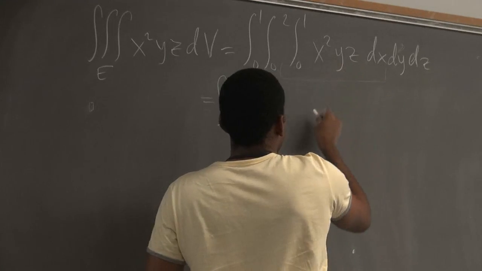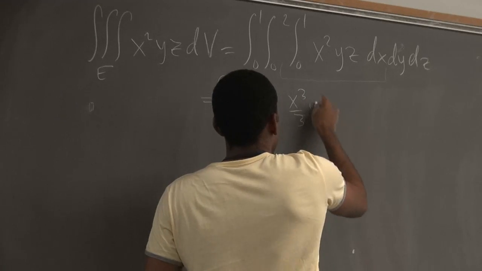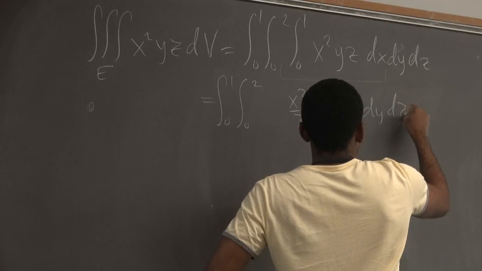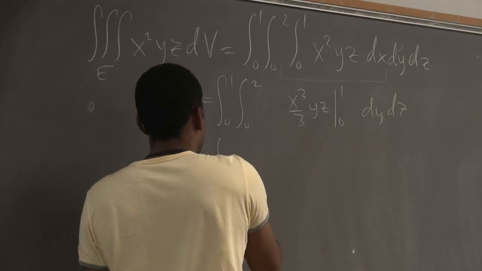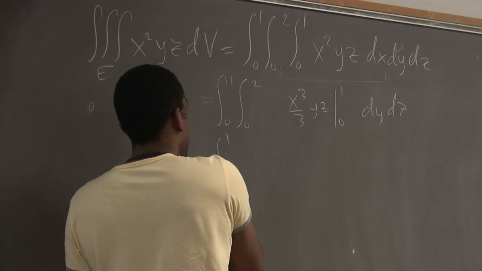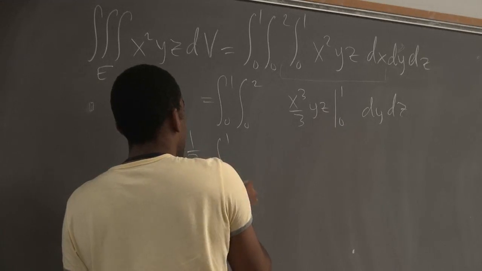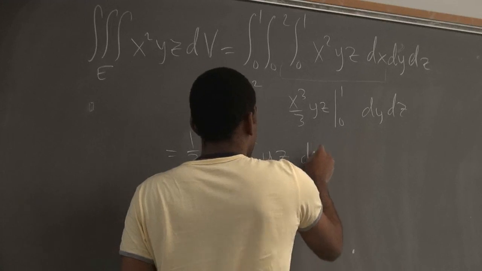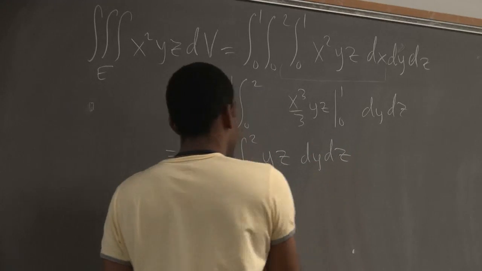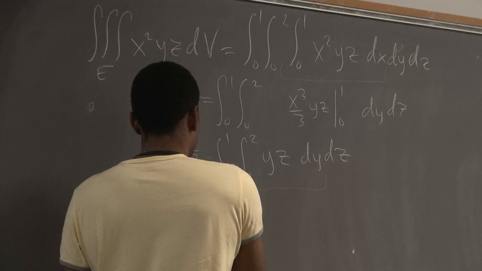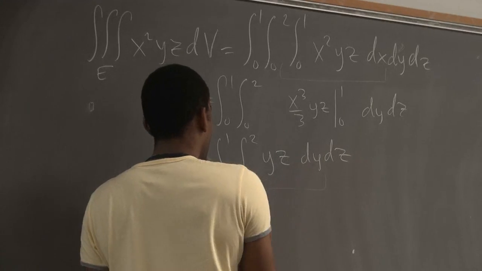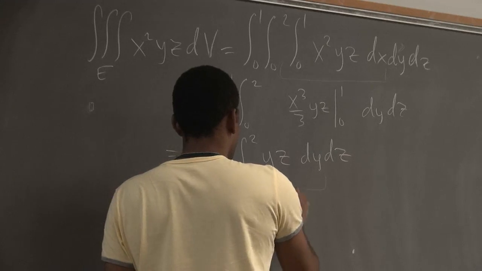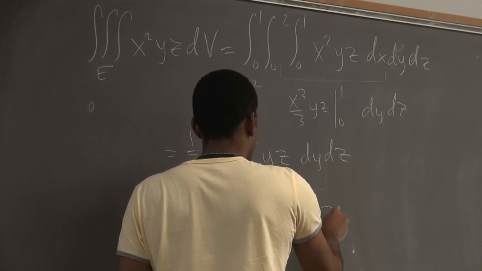Integrate with respect to x: x cubed over 3, y, z, between 0 and 1. That gives you a third. Then 0 to 1, 0 to 2, y z, and do this inside. Integrate y, you get y squared over 2, so this becomes 1/6 y squared between 0 and 2.